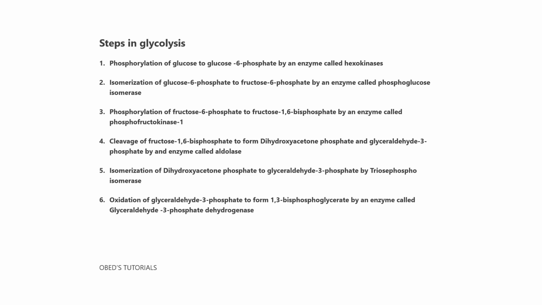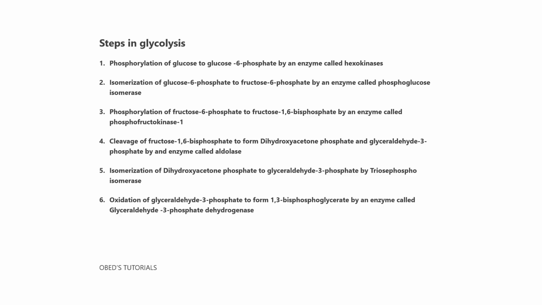Okay, we have it, the steps in glycolysis. The first step is phosphorylation of glucose to produce glucose phosphate by an enzyme called hexokinase. So after the glucose is transported to the cytoplasm of a cell, remember glycolysis takes place in the cytosol of a cell.